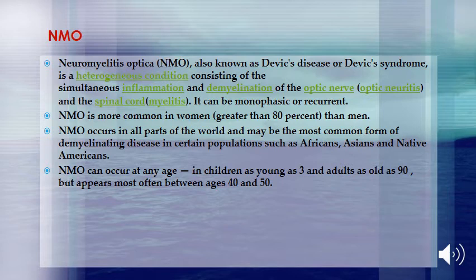So it is an autoimmune disorder in which white blood cells and antibodies primarily attack the optic nerve and the spinal cord. Neuromyelitis optica is more common in women than men, and it occurs at any age, in children as young as 3 and adults as old as 90, but the typical age is between 40 and 50 years.